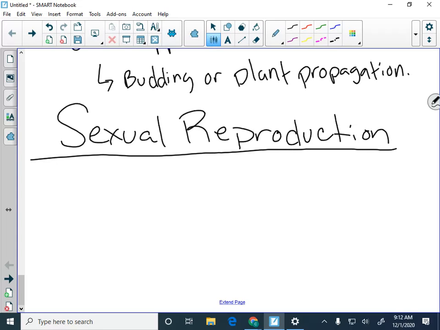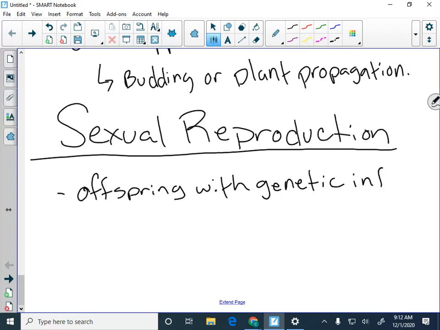We have offspring with genetic information from two parents. So this is how we came about: biological mom, biological dad, baby, right?